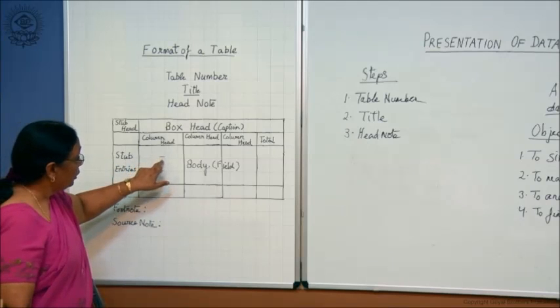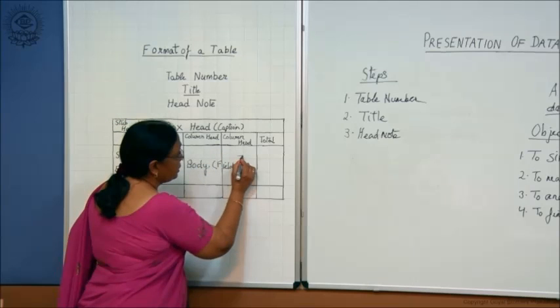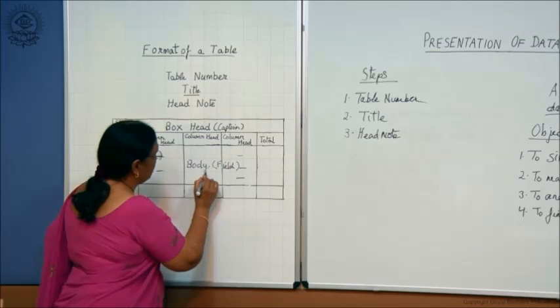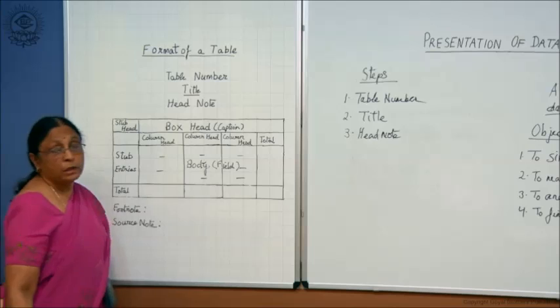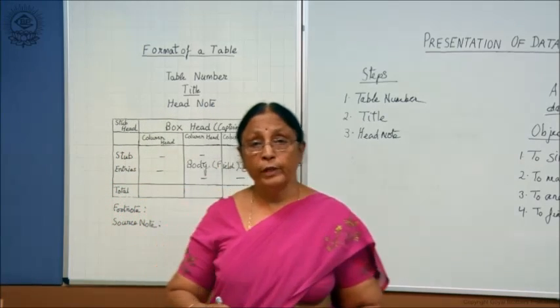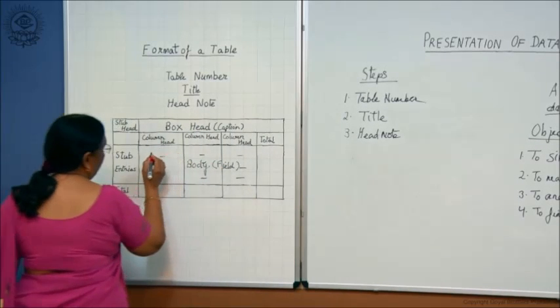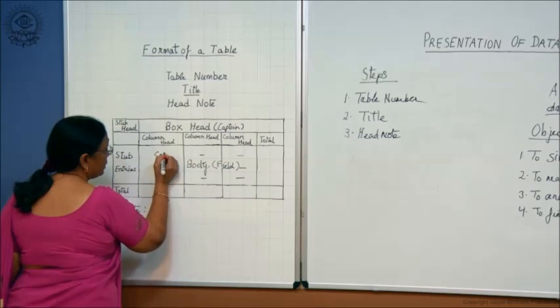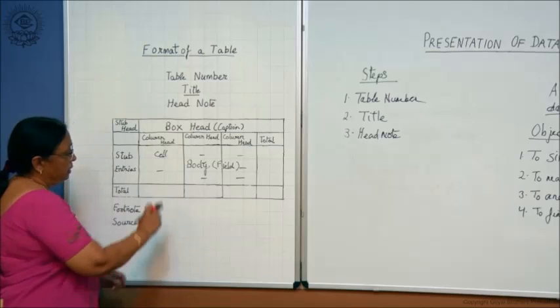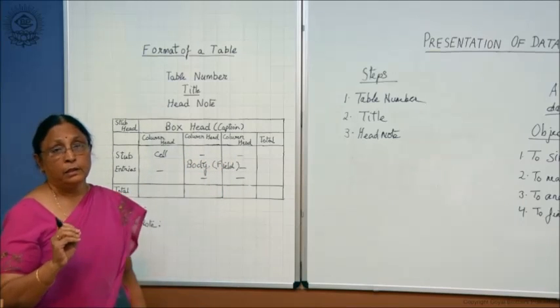That means the whole data, whatever you have gathered, you will write down in these rows, which is known as the body or field of data or field of the table. The place where you are writing the data is also known as a cell. Each data represents each cell.